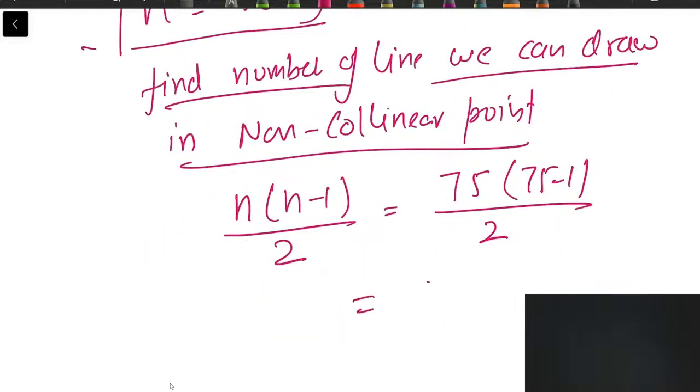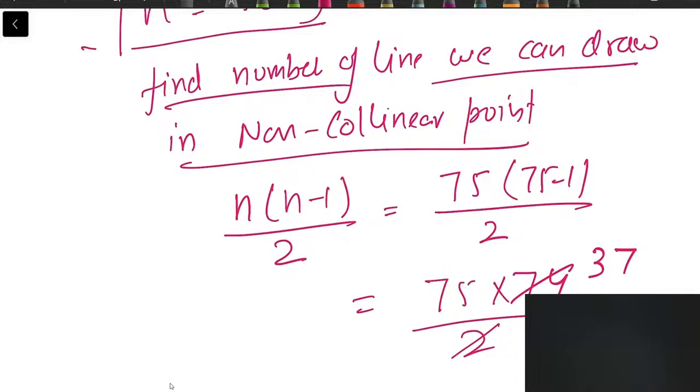So let's solve this one. 75 multiplied by 74 divided by 2. The simple way is to multiply this out, and whatever the result is, that is the number of lines we can draw from these 75 points.